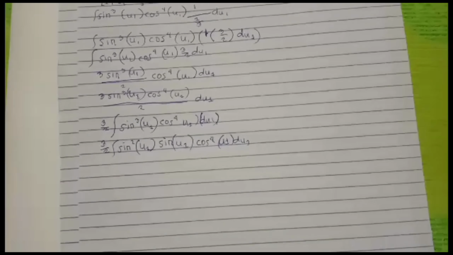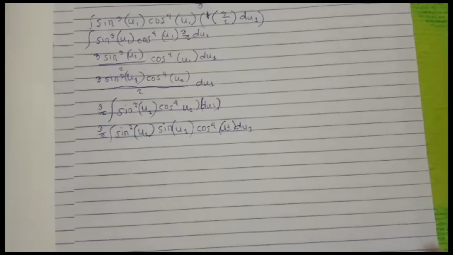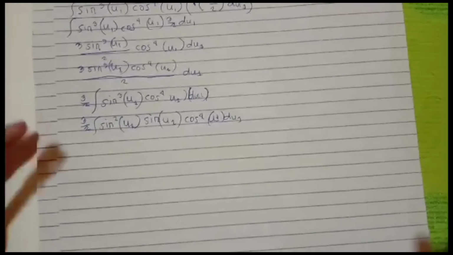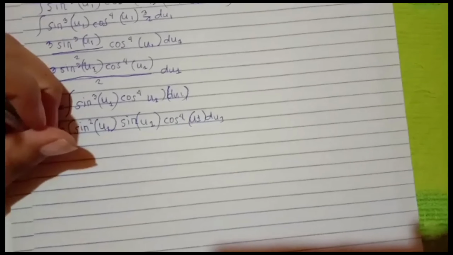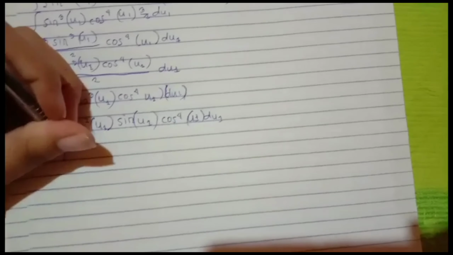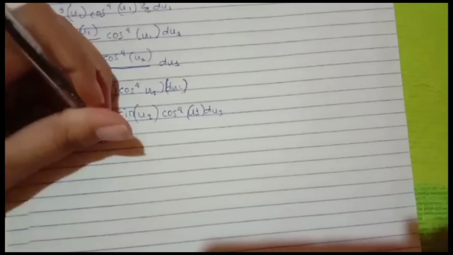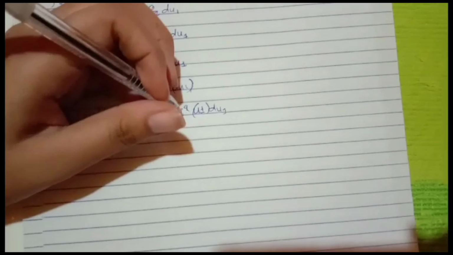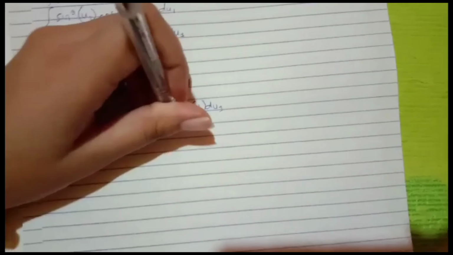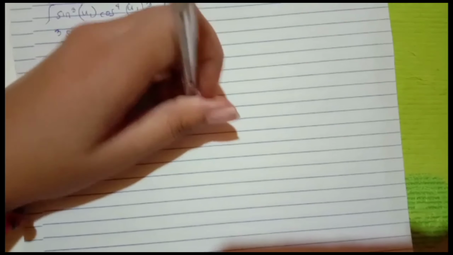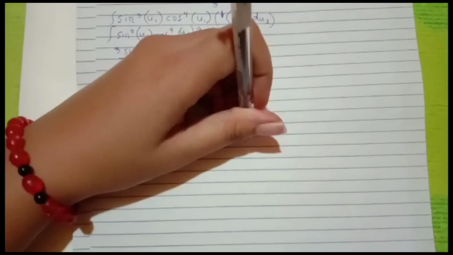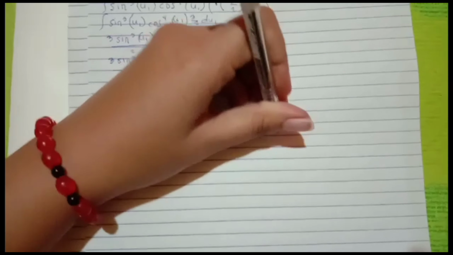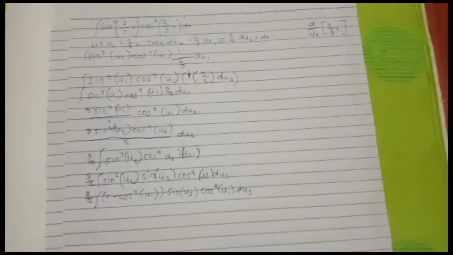Then using the Pythagorean identity, rewrite sine squared u1 as 1 minus cosine squared u1. So, 3/2 integral of 1 minus cosine squared u1 times sine u1 cosine to the 4th power u1 du1.